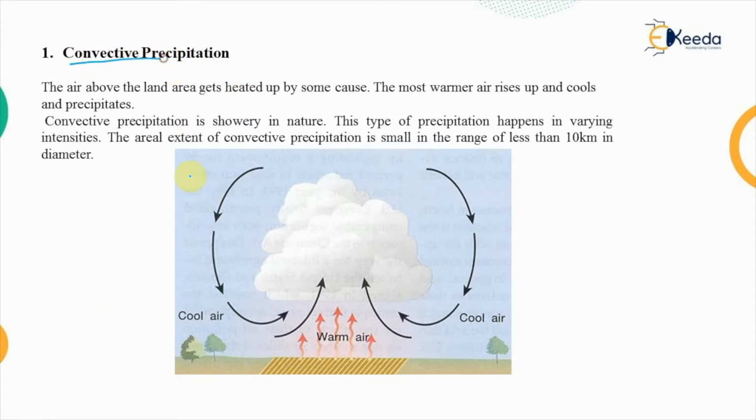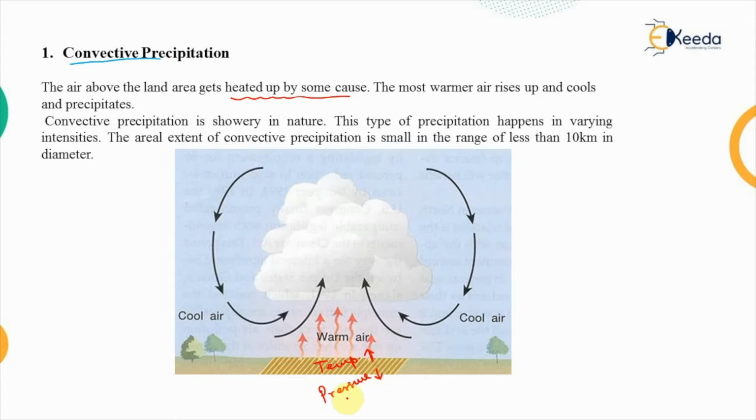Now what is this convective precipitation? When the air above the land gets heated up by some cause, usually sunlight, so if that area is exposed to higher temperature, that means the temperature is high at this location. Now when the temperature is high, the pressure will be low.